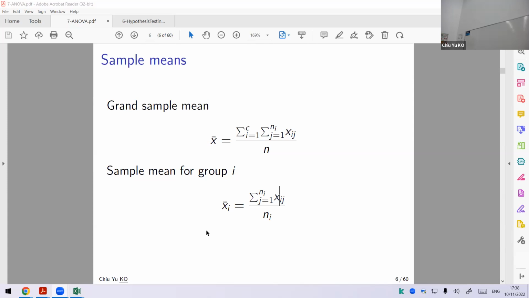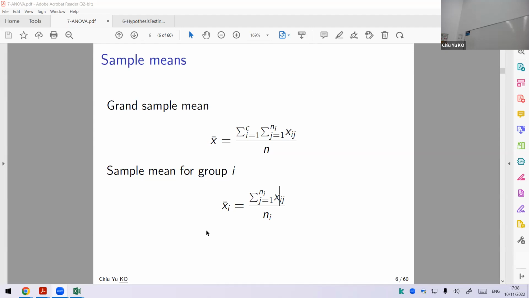This is the variance of the sample, so this is the standard error.